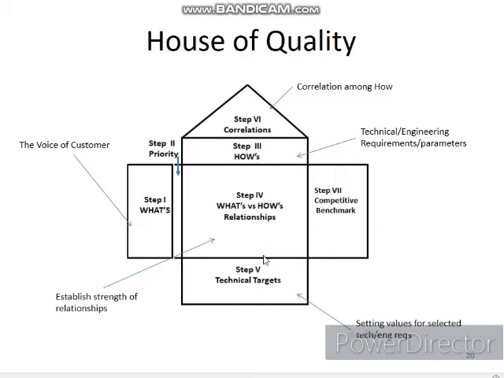And then once that's done, you can start to look at the correlation. The correlation looks at the relationships between the various design parameters here, because some of the design parameters are positively correlated and some are negatively correlated. So you need to understand the correlation between the design parameters.